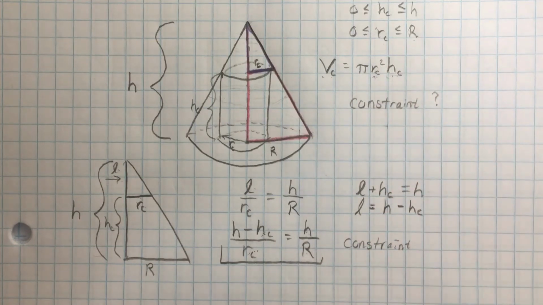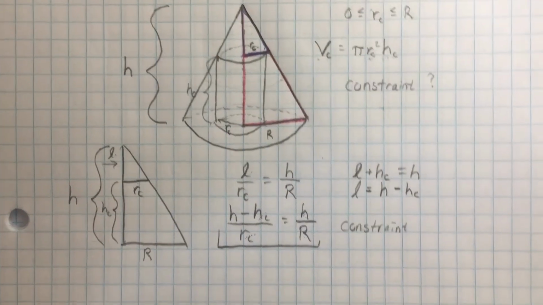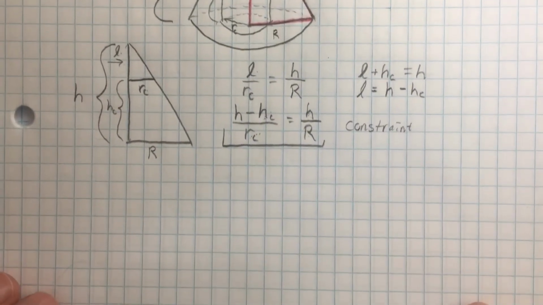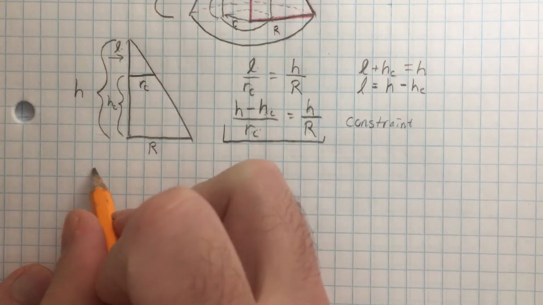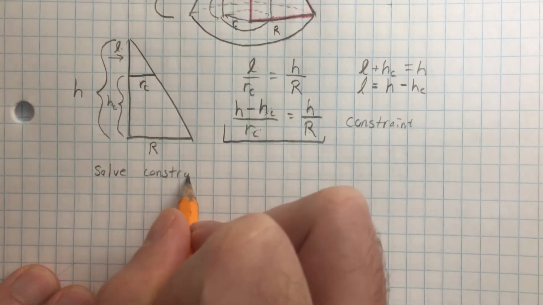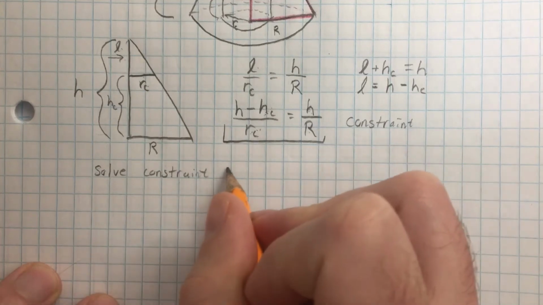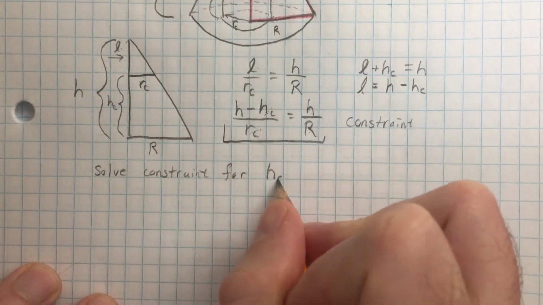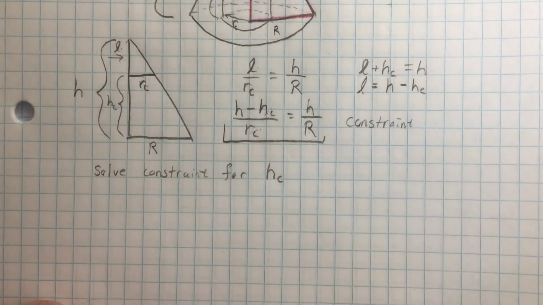It doesn't always work out that way, but it makes sense in this context. So I need to solve the constraint for hc, so as to substitute into the volume function, which is our objective function.